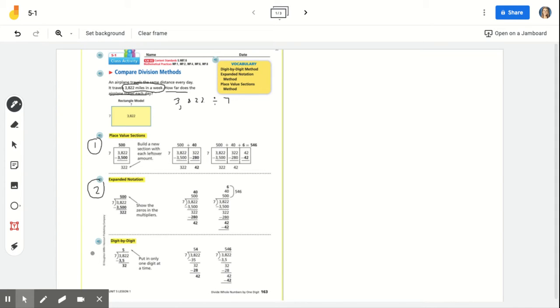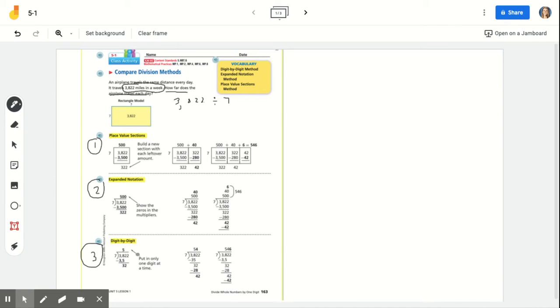Method number 3 is digit by digit. Repeat after me, digit by digit. This is the one that you are probably most familiar with from 4th grade. This is the one that your parents at home or maybe older siblings will be probably most familiar with. Digit by digit, we've already practiced this some together in 5th grade already.